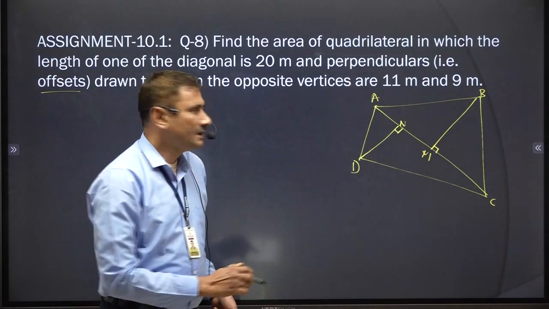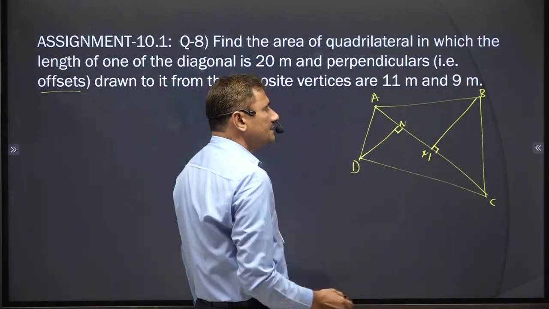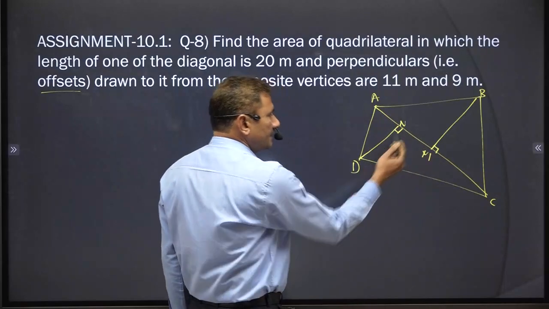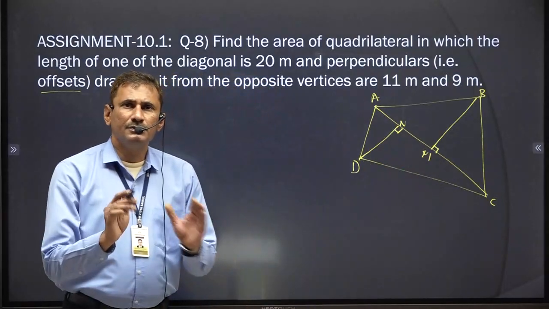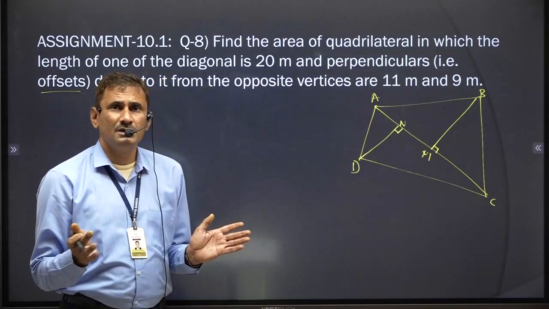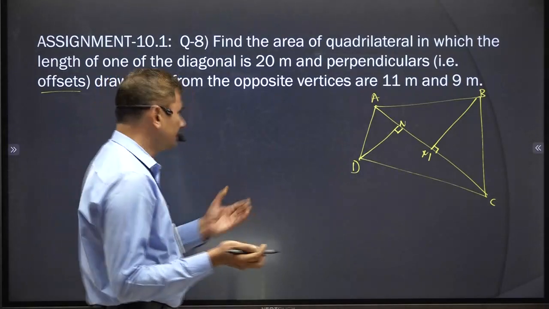For triangle ADC, it is half into AC into DN. If you take half and AC common, then there will be a formula like this.